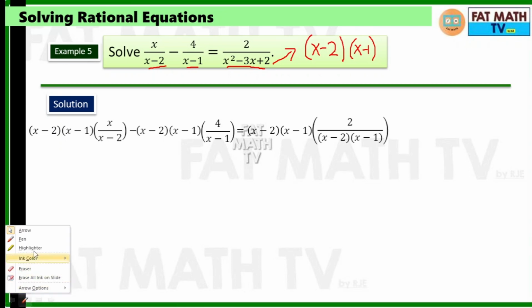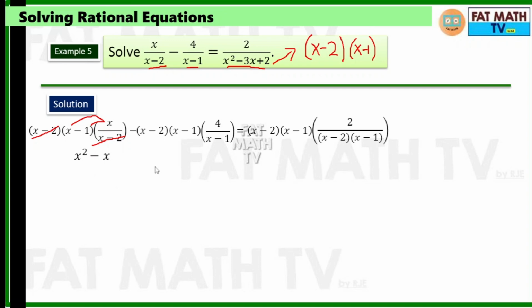Okay, so what can we cancel in the first term? We can cancel x minus 2. So if we cancel x minus 2, we will be having x minus 1 times x. Distribute x. So x times x is x squared. X times negative 1 is negative x.